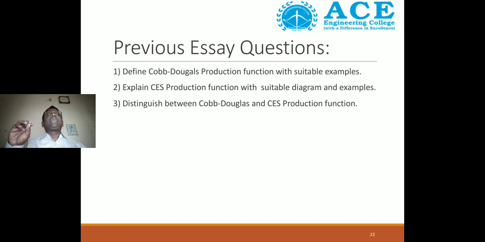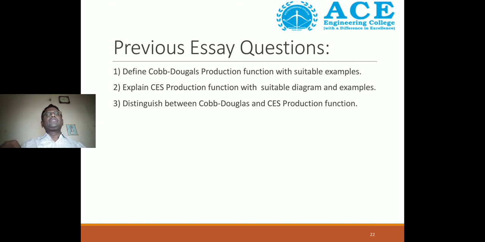If you observe the previous question papers, they mostly emphasize these two topics: Cobb-Douglas and CES production functions. In last year's supplementary question paper, they asked what is meant by the Cobb-Douglas formula as a short answer question. In the essay type questions, they asked about the Cobb-Douglas production function with suitable examples and the CES production function with suitable diagrams and examples.